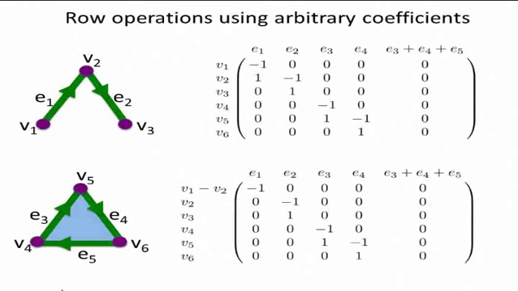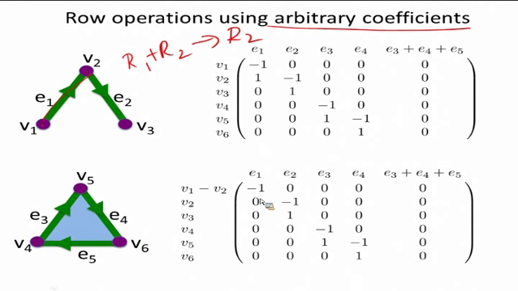So here, if we use our arbitrary coefficients, if I now have my boundary of E1 is V2 minus V1, so I've got a minus 1, 1, I will now do row 1 plus row 2 and replace row 2. So I add these things, I get a nice 0 there.